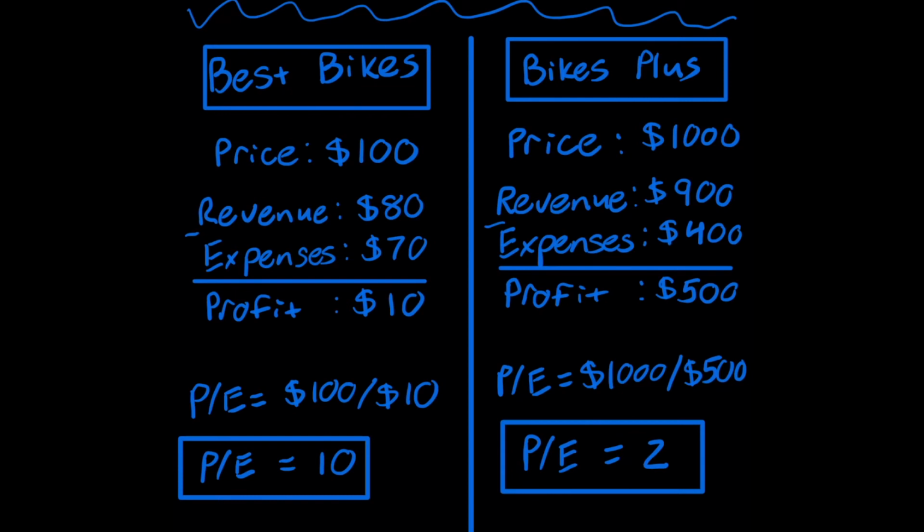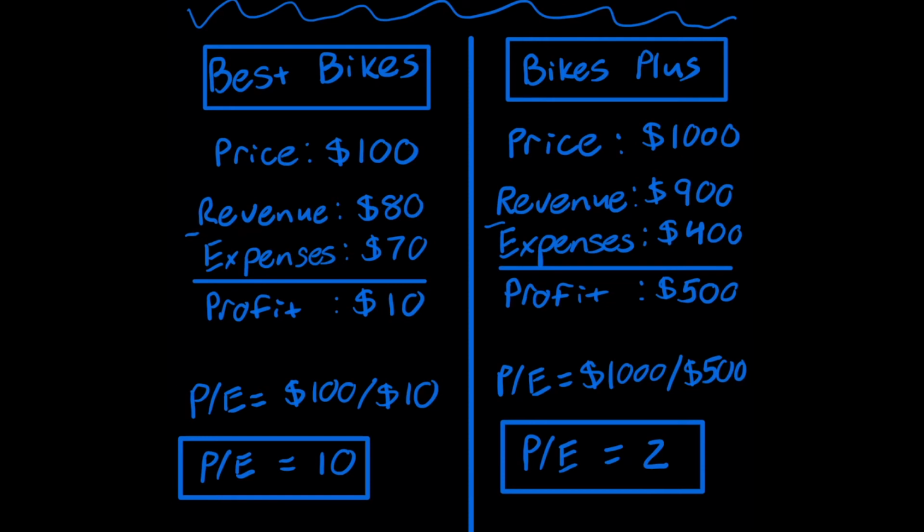So looking just at this, Bikes Plus is definitely the better deal. They're selling at only 2 times their past year's earnings, where Best Bikes listed the price at 10 times their earnings. So looking at this, Bikes Plus is the better option, or at least it seems to be.